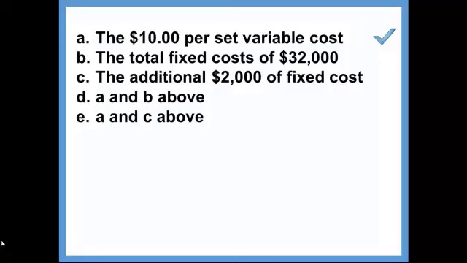Now the total fixed costs. The $30,000 of original fixed cost is not relevant to the decision. It's not going to change whether you accept the offer or not. So B is not relevant. The part of the fixed cost that is relevant to the decision is the $2,000 of equipment rental. So our answer is E.